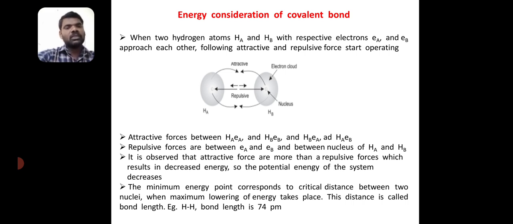Please observe that the attractive forces are more than the repulsive forces, which results in decreased energy. So the potential energy of the system decreases. The minimum energy point corresponds to the critical distance between the nuclei. When the maximum lowering of energy takes place, the distance is called the bond length. For example, in the hydrogen molecule, the H-H bond length is 74 pm.